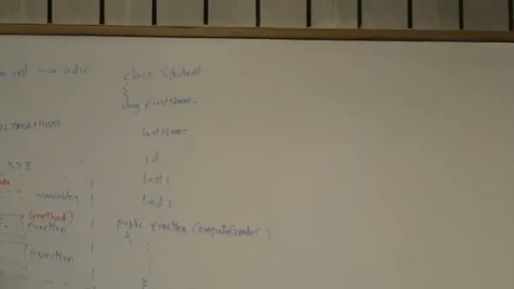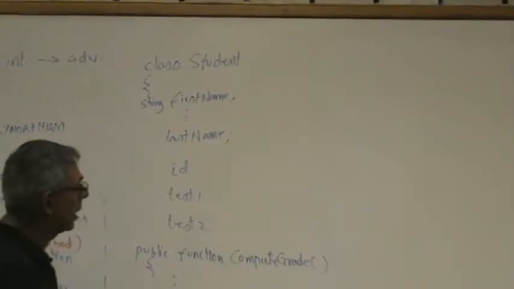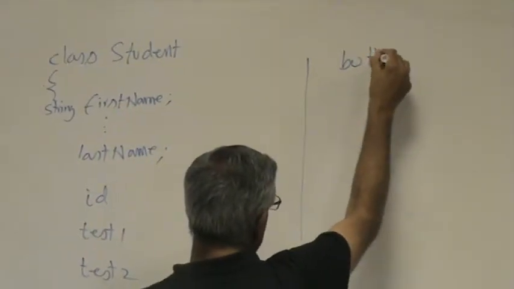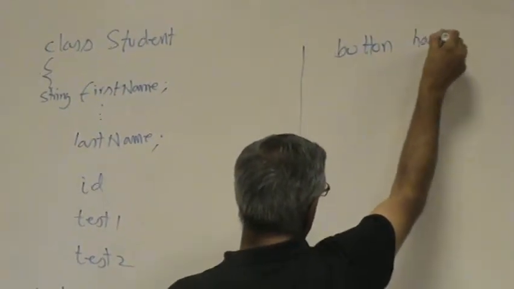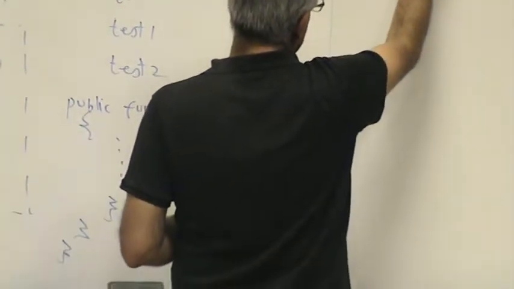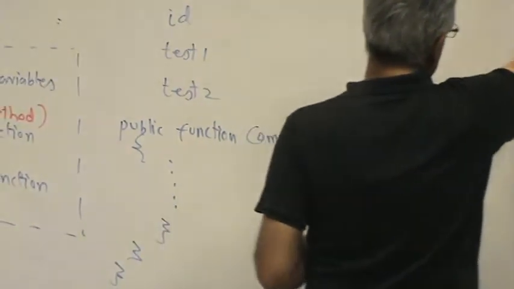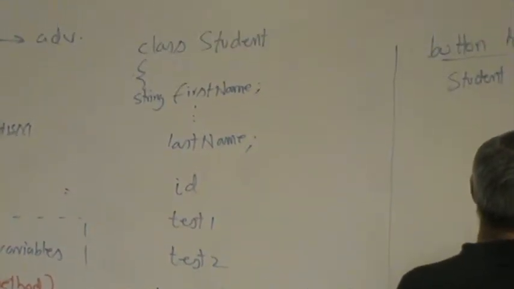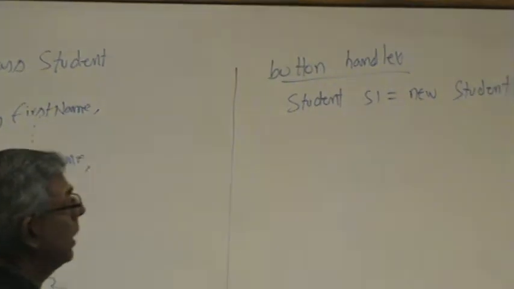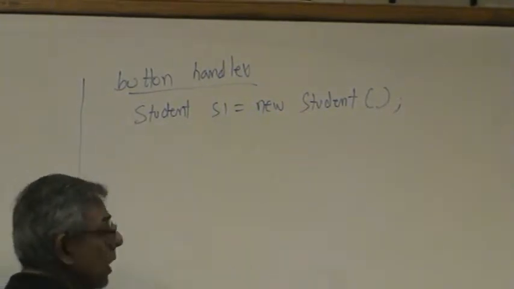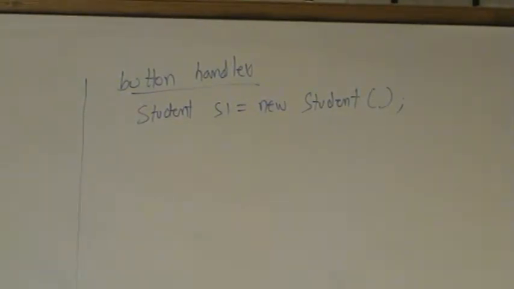So if we wanted to create one object of the class, somewhere in our button handler, if we created a button on the form, we will write some code like this. Student S1 = new Student. As we discussed last time, if we do not use the keyword new, where does the memory come from?